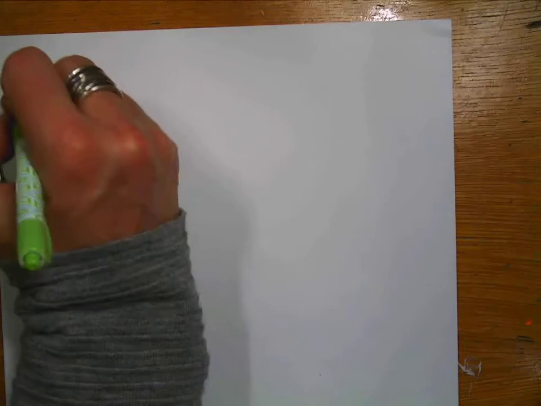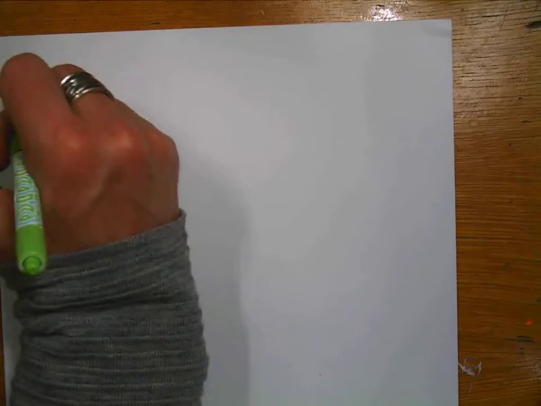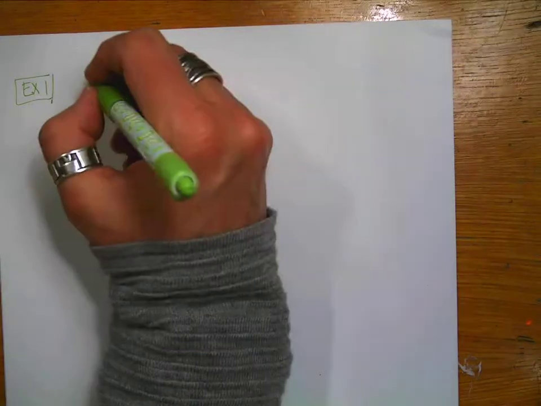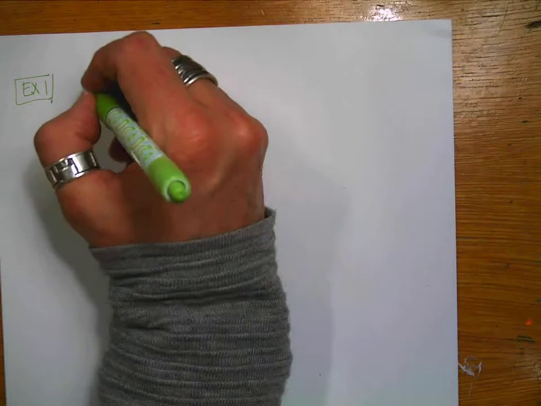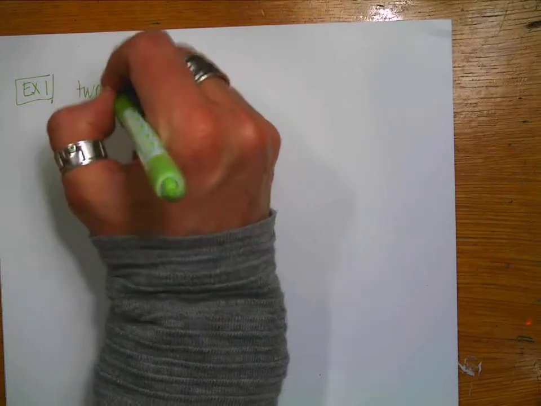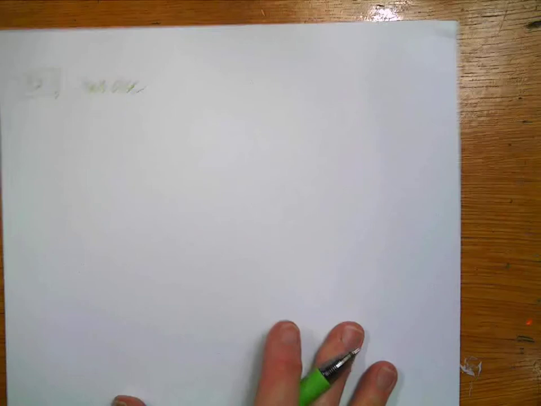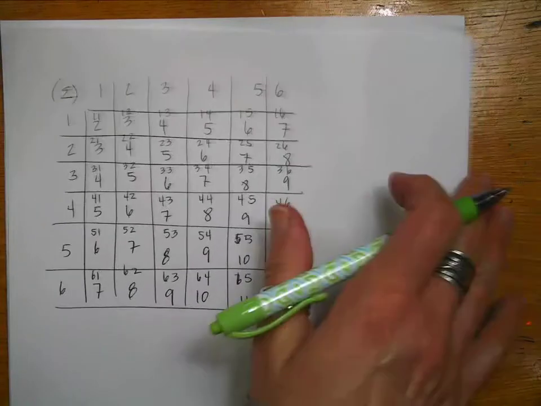All right, for our first example, we're going to go back to a dice chart. Okay, so example number 1, and we are going to have two dice again that we are rolling. Okay, and so I'm going to bring back our dice table. So here we go.